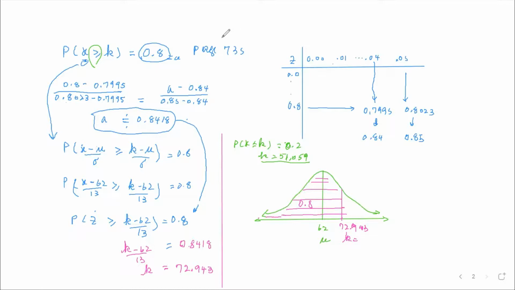But the question needs us to find the lowest score, right? They want to know the lowest score for the passing grade.